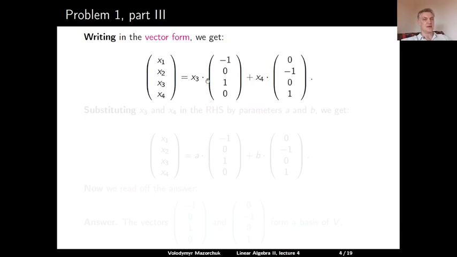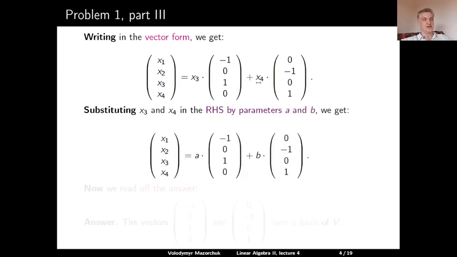And in the right-hand side, we have x3 times the vector minus 1, 0, 1, 0, plus x4 times 0, minus 1, 0, 1. Now we can change x3 and x4 in the right-hand side to arbitrary parameters, let's say a and b. And so we have here the general solution to our system of linear equations.